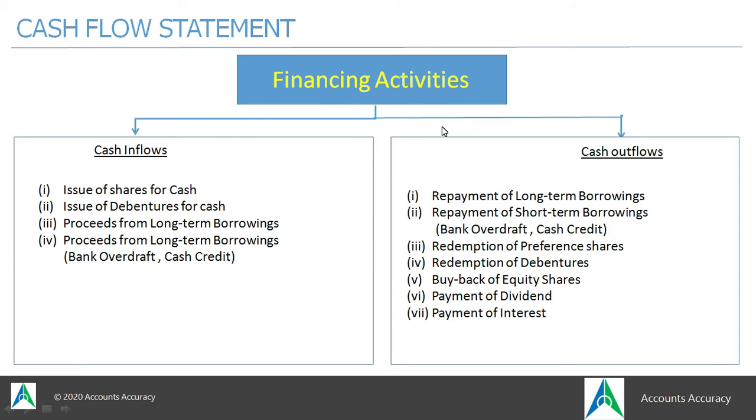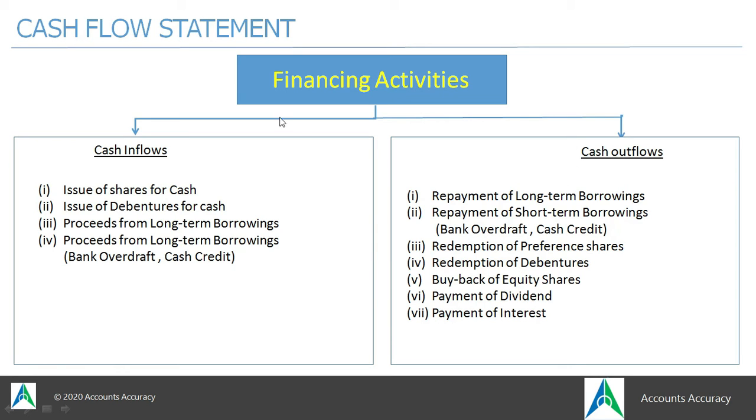But in case of financing activity, the company arranges cash, the company receives cash from some sources. Now what can that be? That is by issuing shares, debentures and other long-term borrowings. In the same way, when the company does the redemption of debentures and preference shares, or payment of interest or dividend is done, that comes under cash outflows.